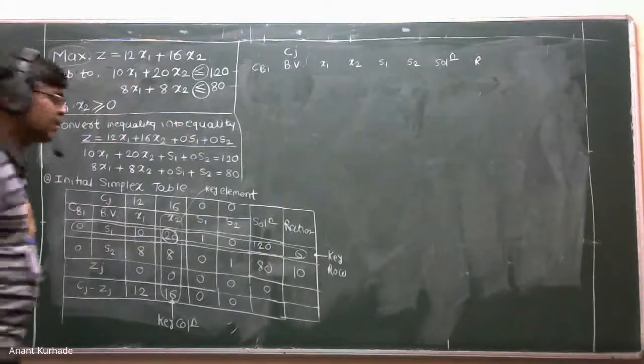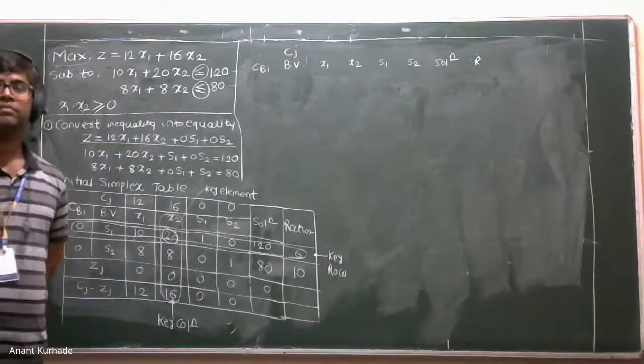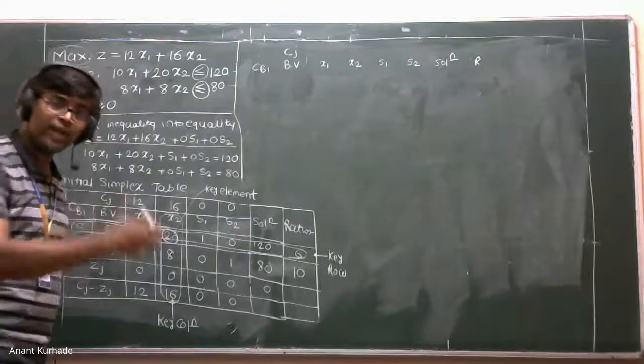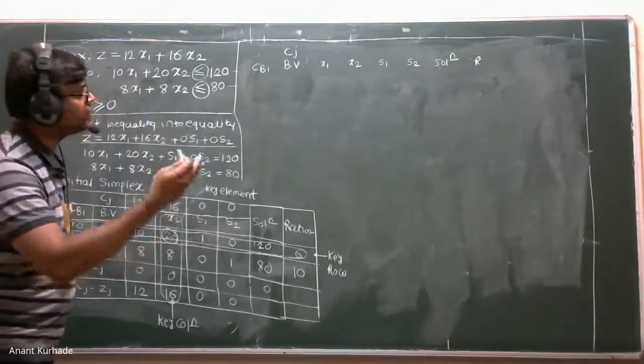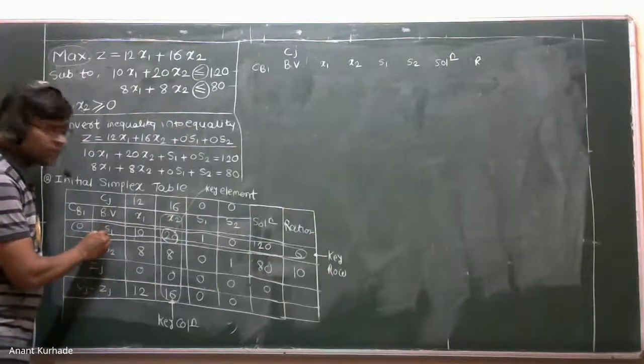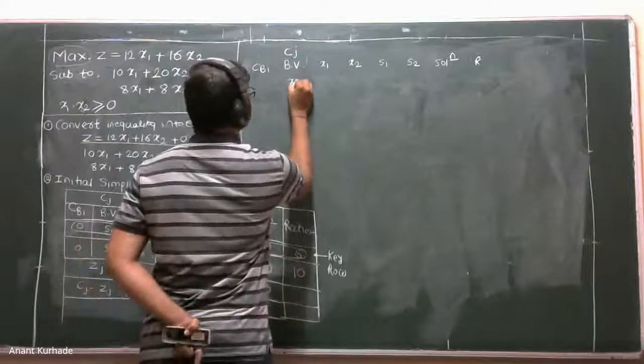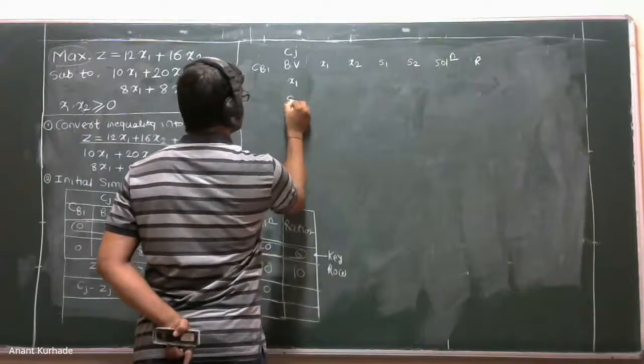X2. Variable X2 is entering and which one is leaving? S1. So while drawing the first iteration, instead of writing S1, you have to write X1.